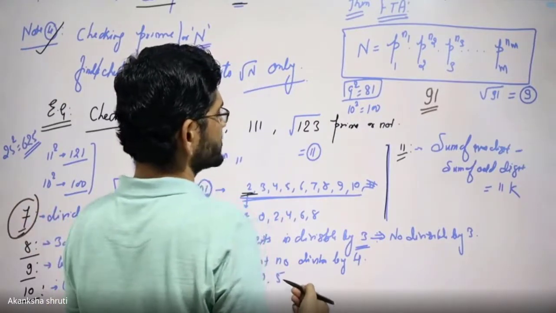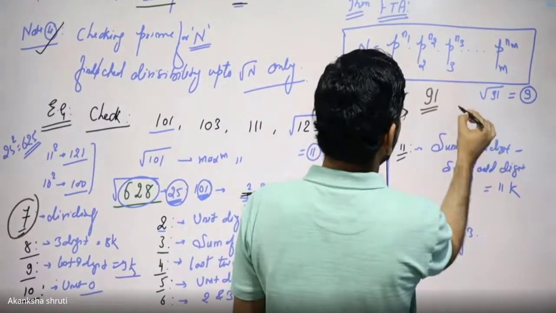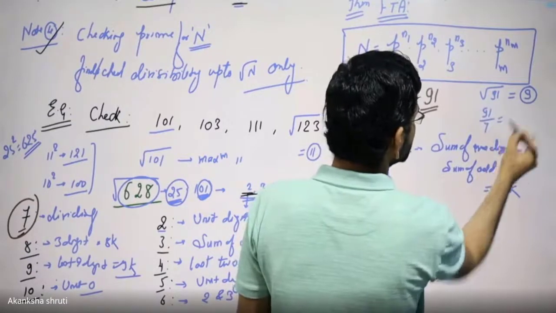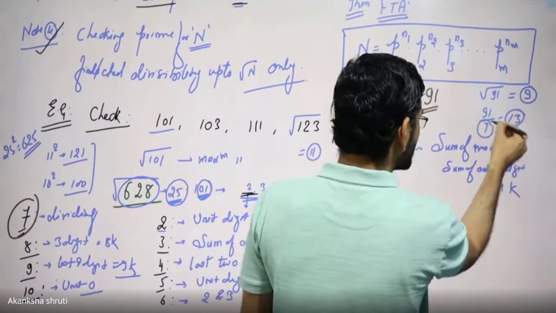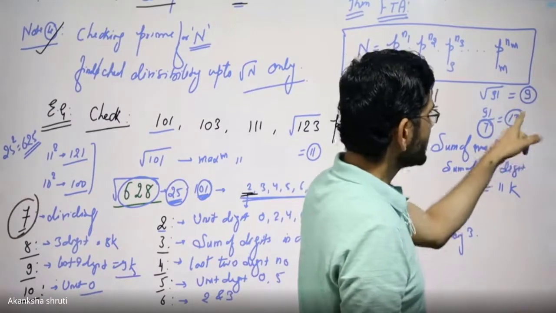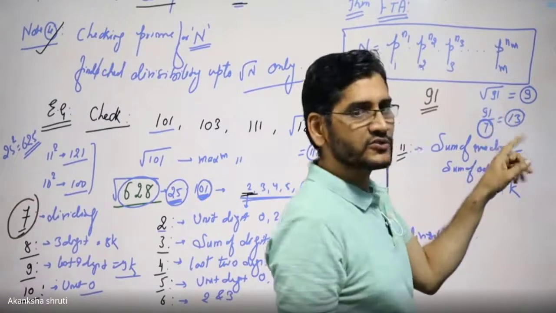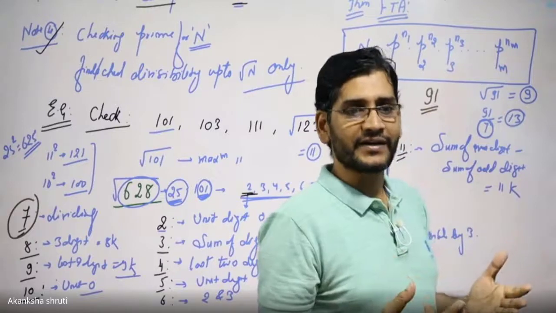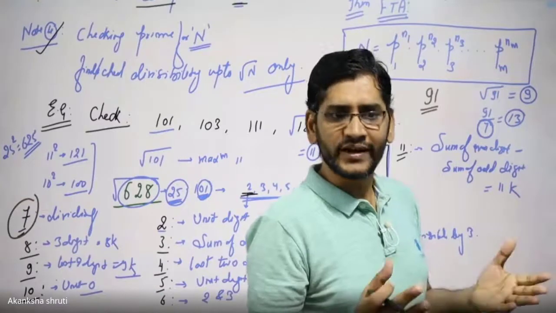So if I divide 91 by 7, what do you get? 13. So just one prime that you have taken up to 9, the other prime, if it is prime, will also be generated automatically. So no need to go for checking division by 17, 19, 23.